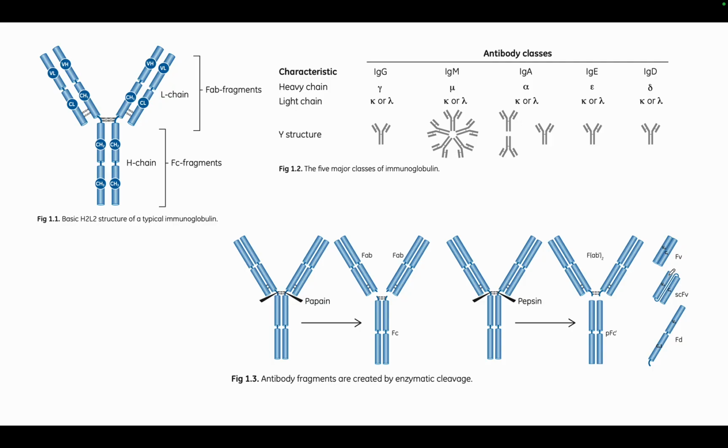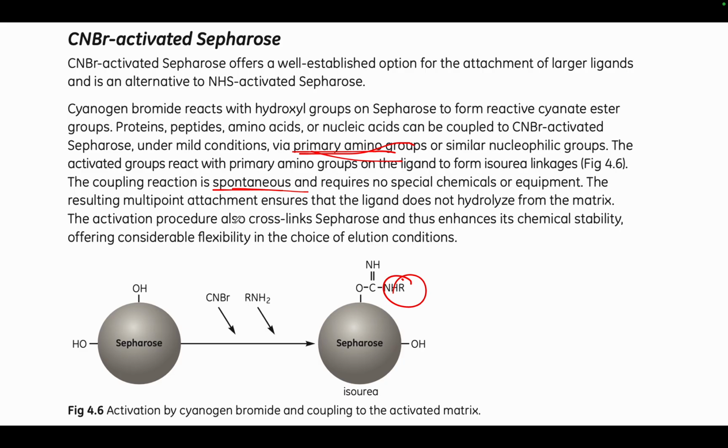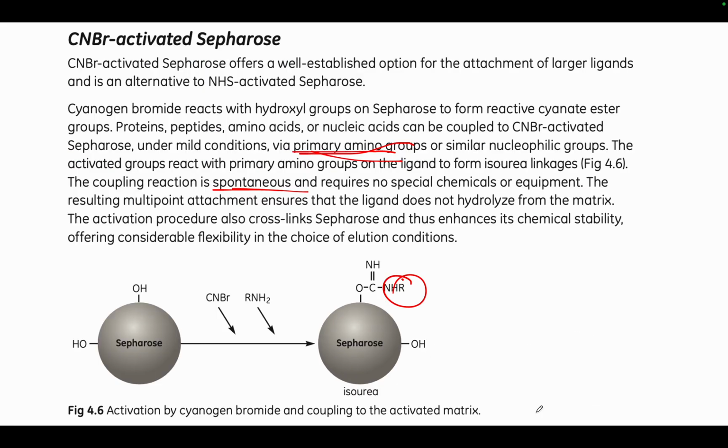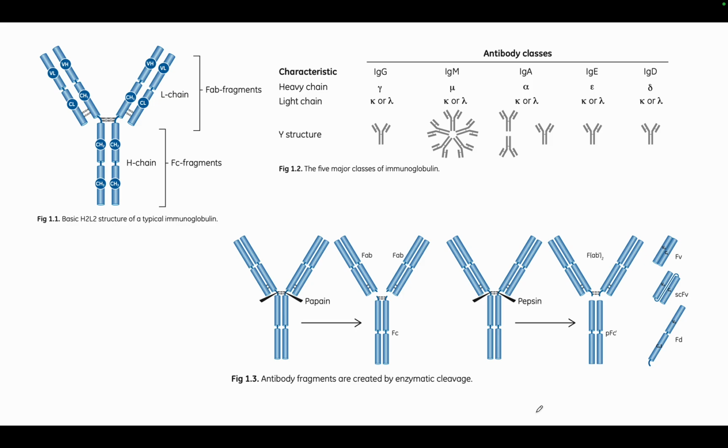But the point being, you can generate an antibody against your specific ligand. Since this is a protein, you can couple it to your matrix using either the cyanogen bromide reaction or an NHS-activated Sepharose to couple it to our column. And now we can easily and specifically purify our protein of interest.